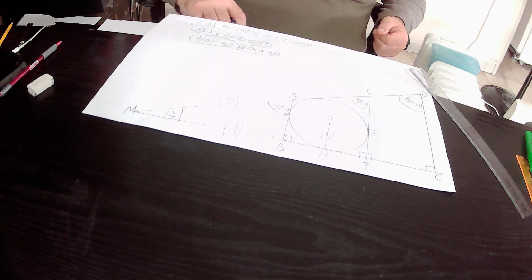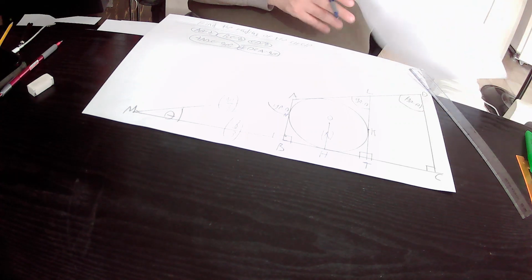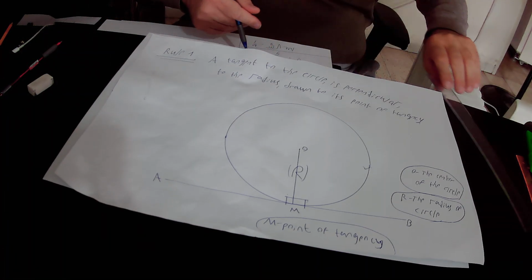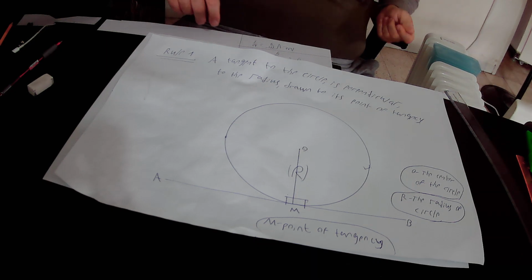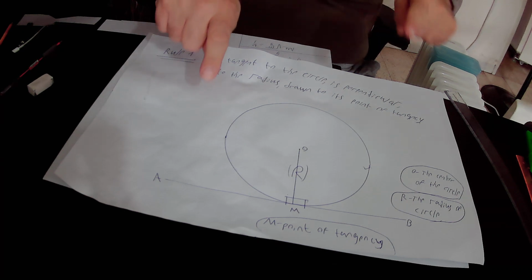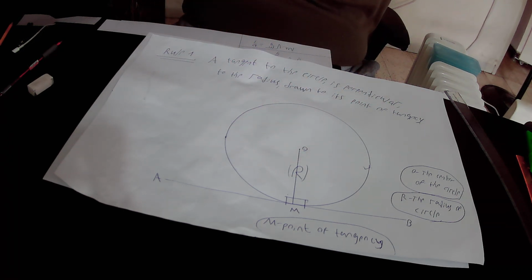You can implement rule 1 here. According to rule 1, a tangent to a circle is perpendicular to the radius drawn to its point of tangency. We have here, as in the drawing, a circle and tangent AB that is tangent to this circle at point M. Point M is the point of tangency.